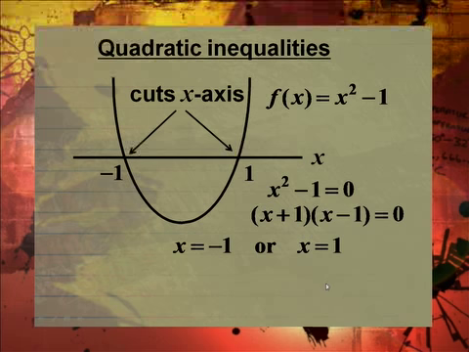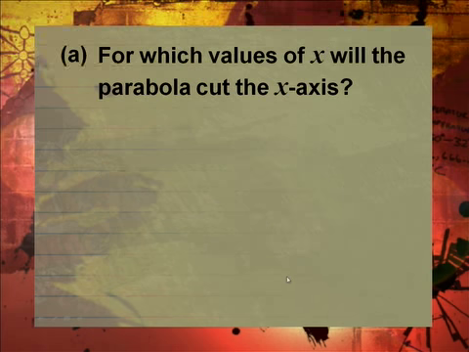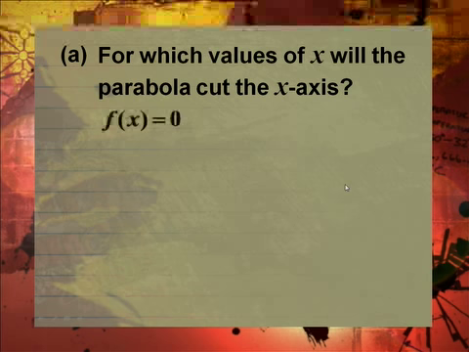Now I'm going to develop this very slowly, and I want you to listen very carefully. Once we've got that, I'm going to ask some questions, and I'm going to cover all the angles of questions. Now watch this. For which values of x will the parabola cut the x-axis? In other words, that's where the parabola equals naught.